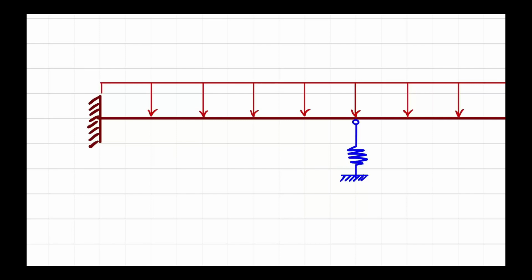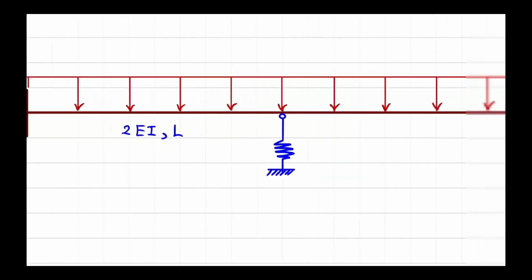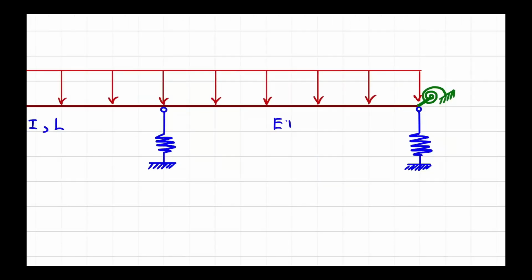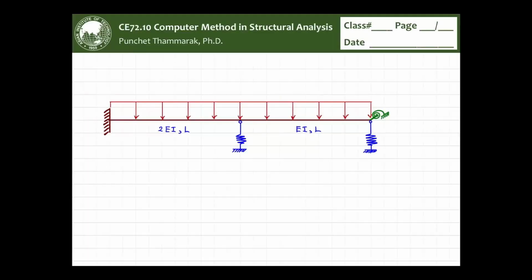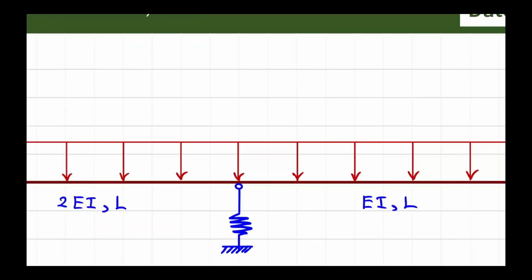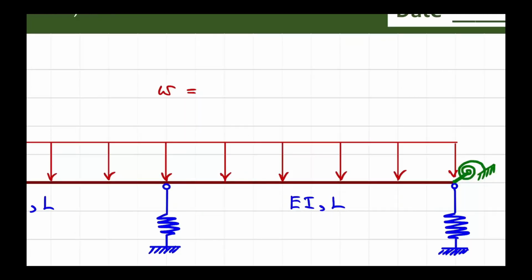So this is just EI, 2 EI and 1 L, EI and L. The distributed load W is equal to something EI over L cubed multiplied by the factor, which is, well, make it 0.1.